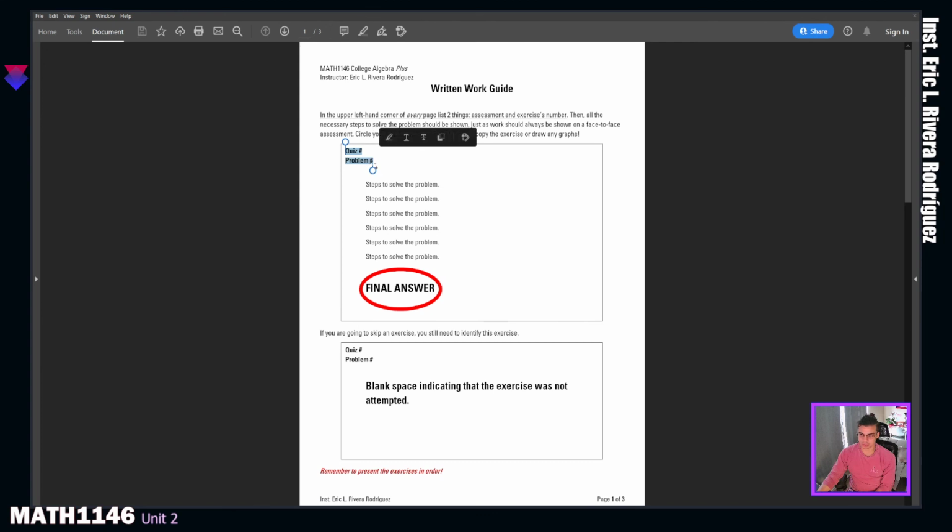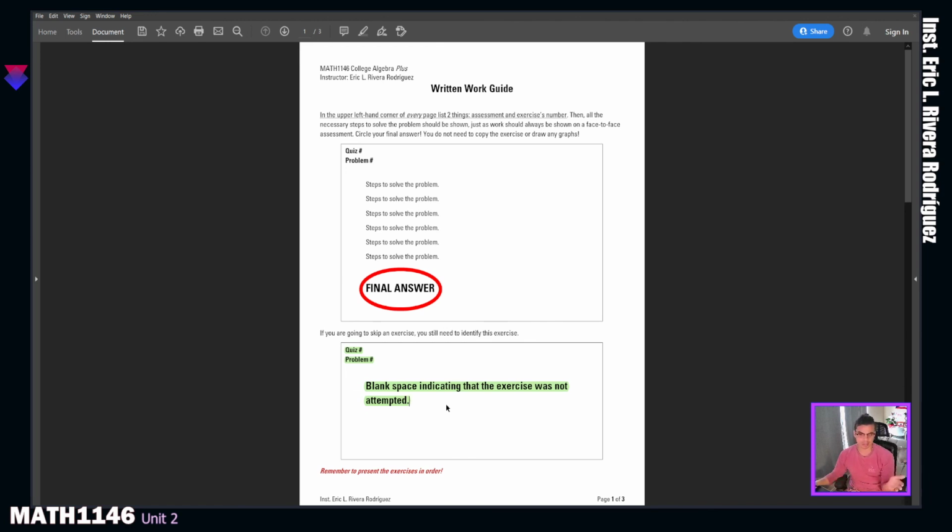You are going to number the problem, and then you are going to solve, and your final answer will be circled, right? If there are exercises that do not require written work, you are going to put just a blank space there. You are going to put quiz number 1 and the number of the problem, but you are going to leave a space there, so that way I know that there is no written work required for that exercise.